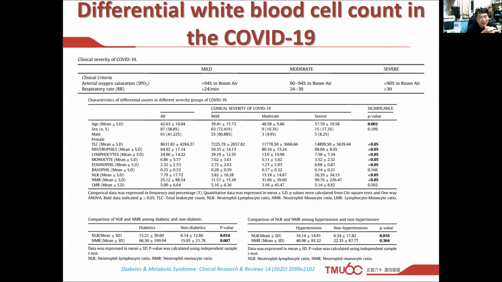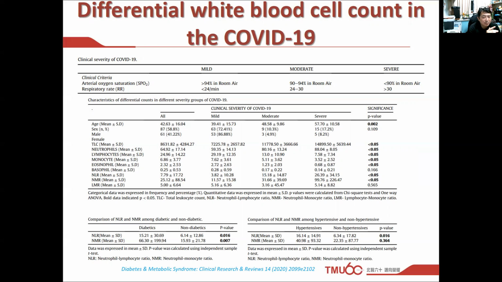They are categorized into three populations. The first is decided by their oxygen saturation: more than 94 we call mild, moderate is between 90 and 94, and less than 90 we call severe, which suggests there is a difficulty in the lung function.